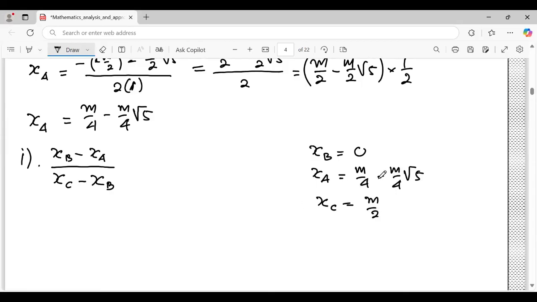So now substitute this information into this fraction.